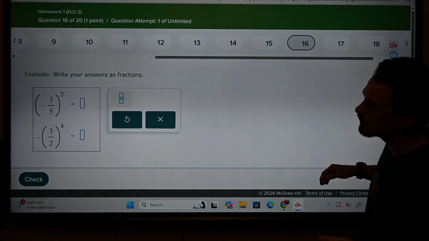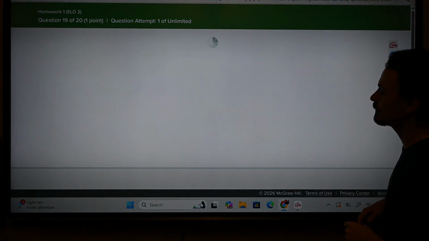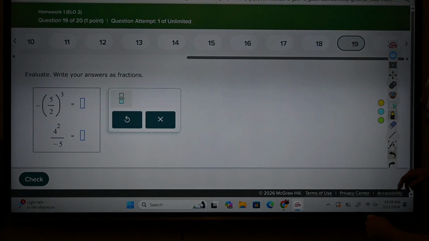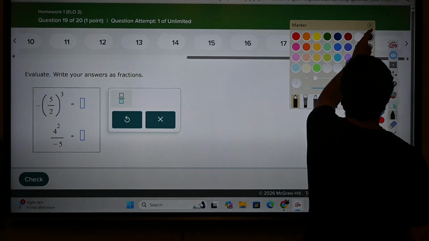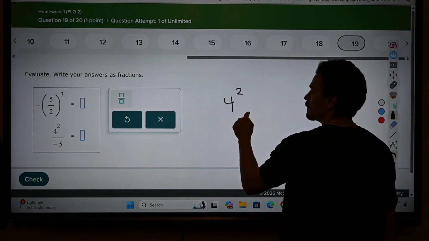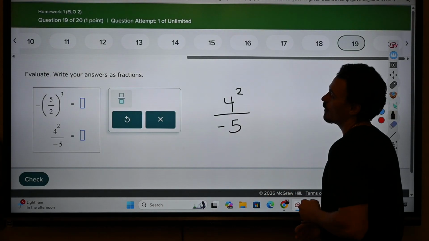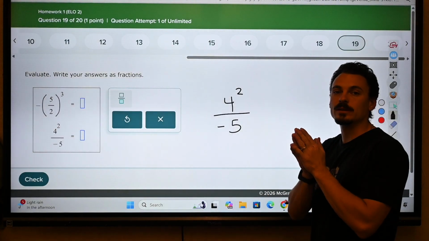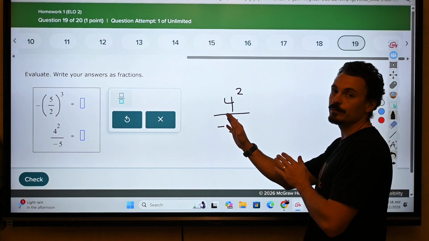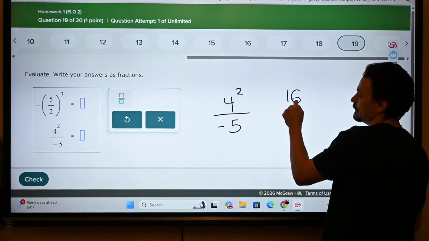All right, last one, number 19. I just want to do this bottom one. This bottom one is 4 to the power of 2 over negative 5. What is the exponent touching? The exponent is touching the 4. So that's going to give you 16.